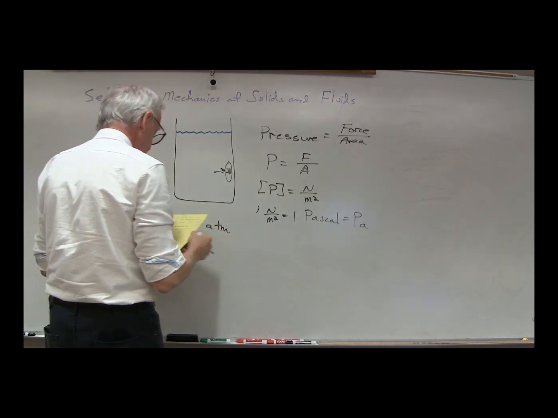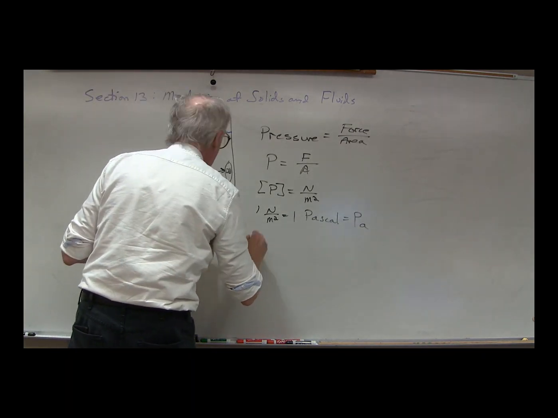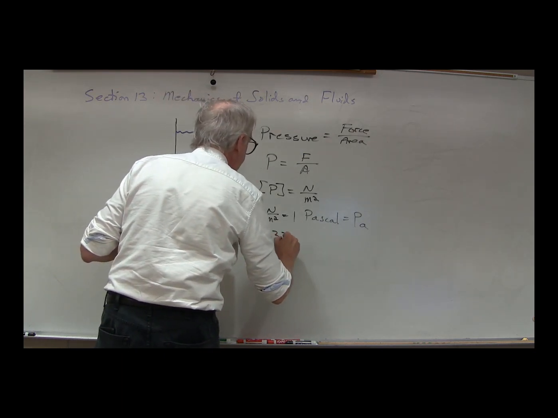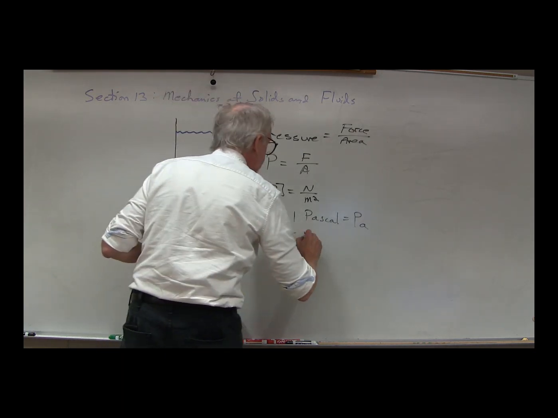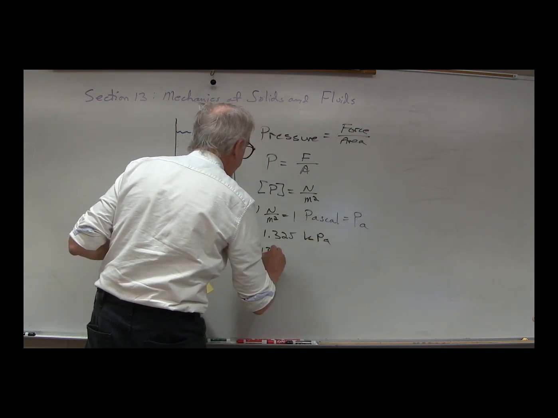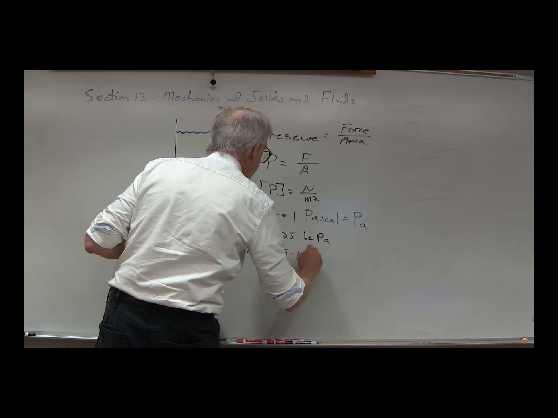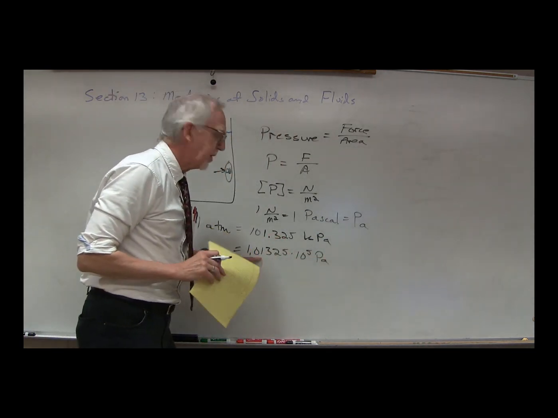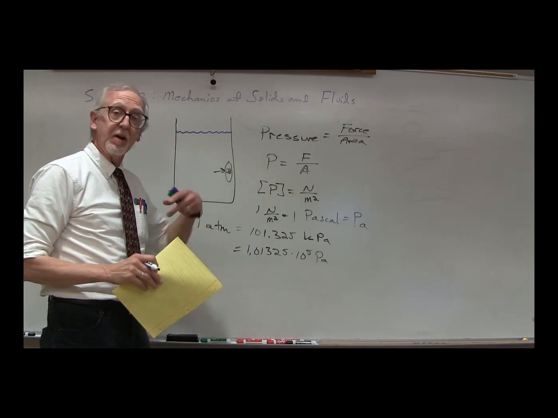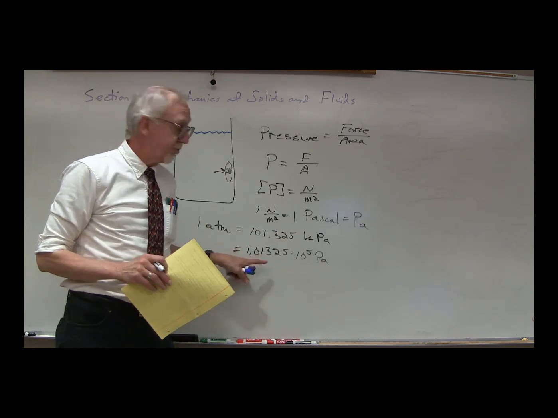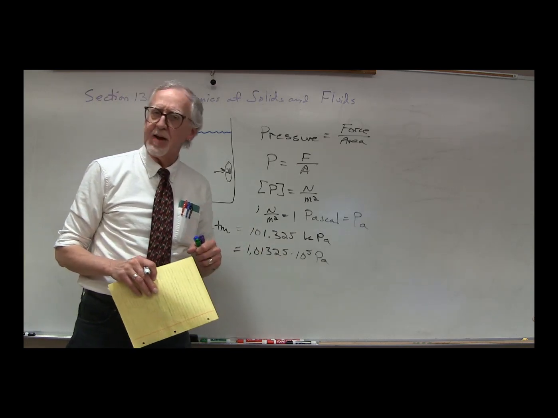And this has a value of 101.325 kilopascals. In other words, 1.01325 times 10 to the 5th pascals. Okay, that is the pressure due to the atmosphere, on average, 1 atmosphere of pressure.